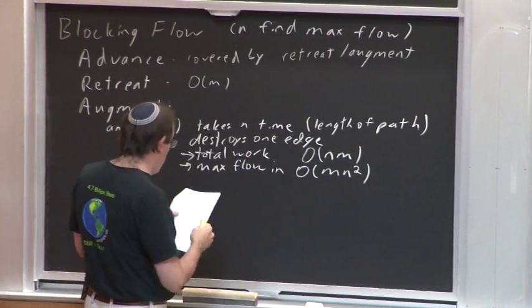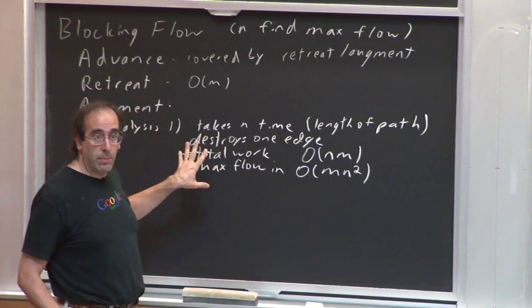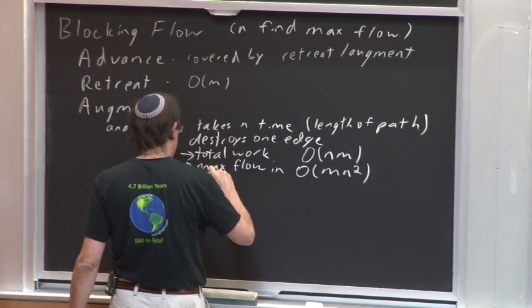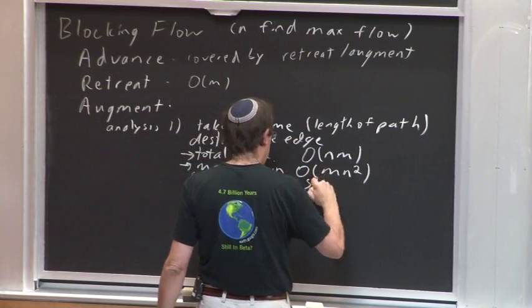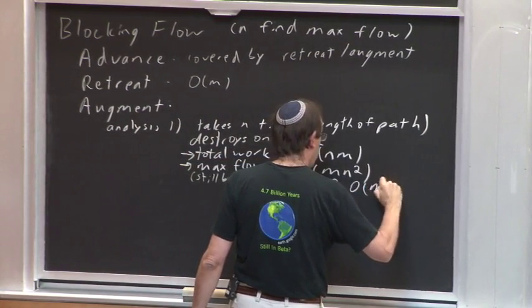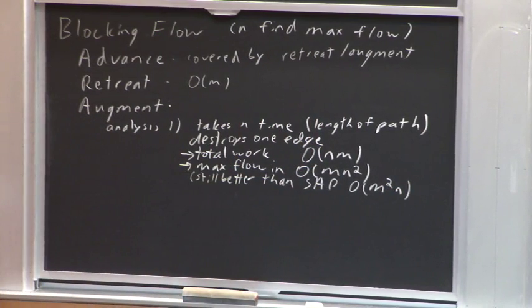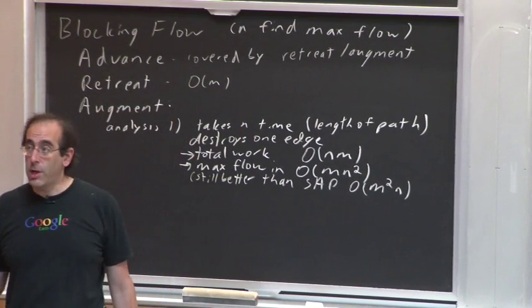So notice that this is still better than shortest augmenting path, which was order m squared n.